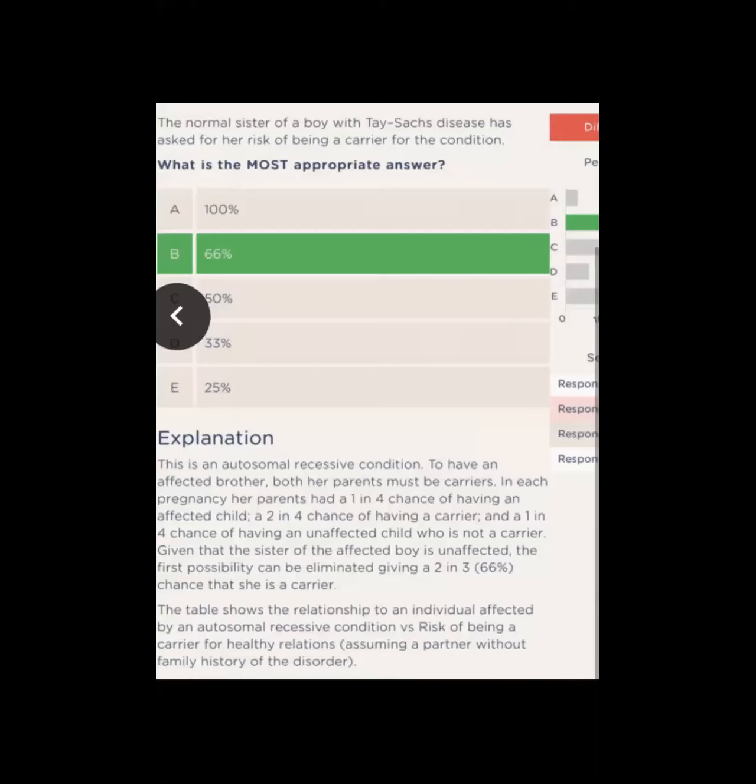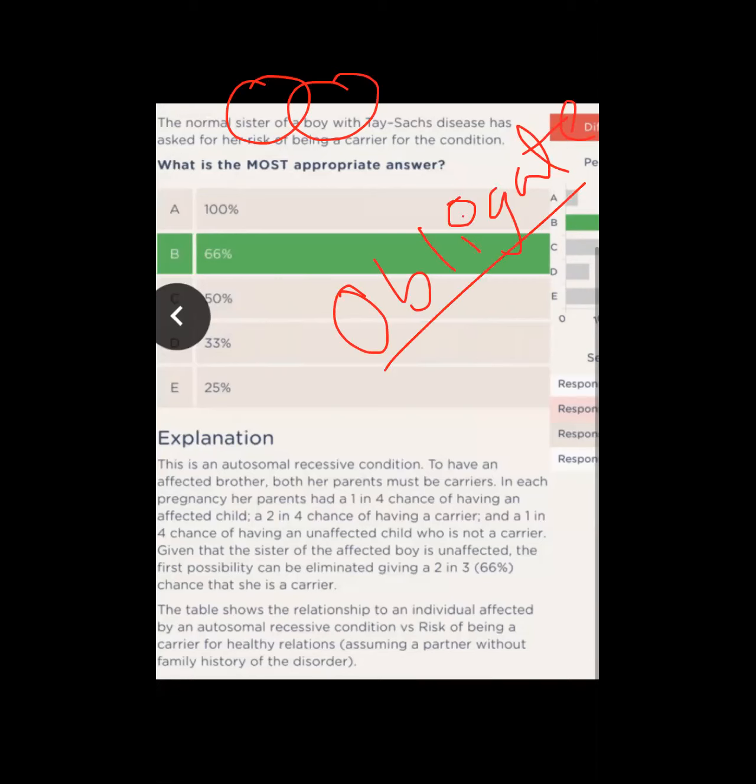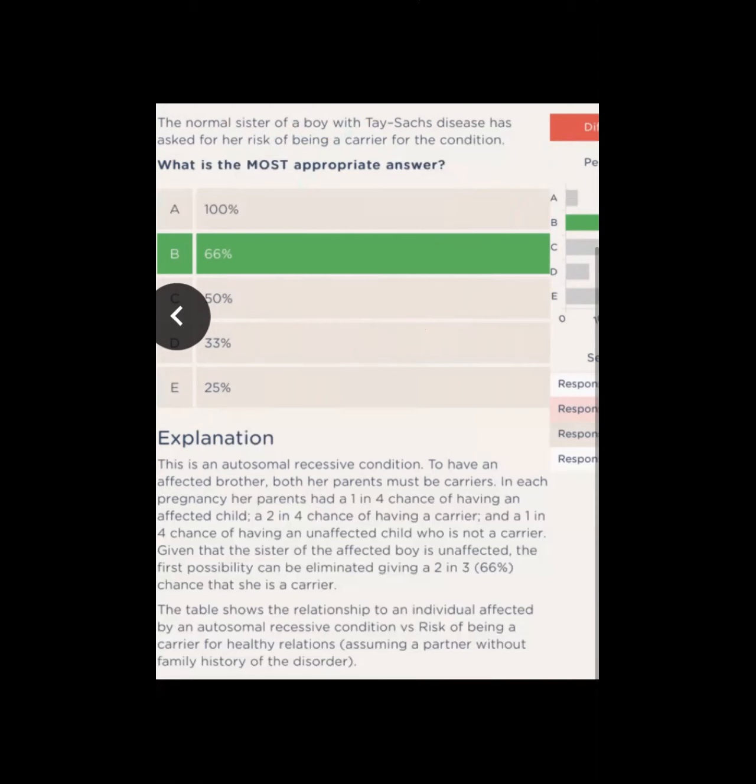Tay-Sachs is an autosomal recessive condition. To have an affected brother, both the parents must be carriers. So this daughter, this sister and this brother, have parents who are obligate carriers, because if both the parents were not carriers, how would this boy be a sufferer? So definitely both the parents are carriers.